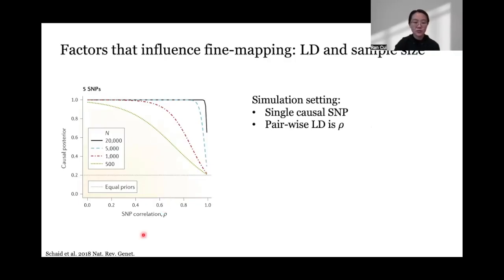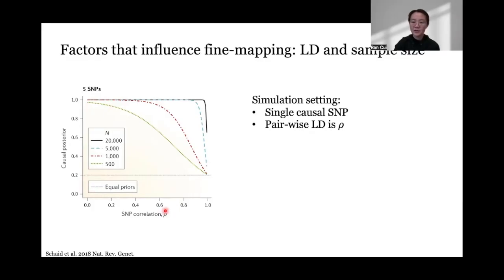In this very useful paper that I recommend all of you to read, Schaid et al., 2018, Nature Reviews Genetics, he did a simulation. So he simulated a region with 5 SNPs in it, and only one is causal. And in his simulations, he set different levels of correlation that's indicated by this row here.